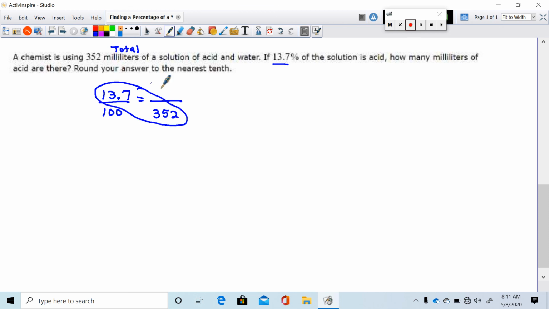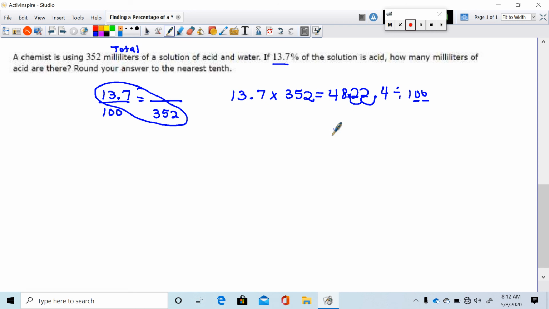So I'm going to do 13 7/10 times 352 equals 4,822 and 4/10. You divide by the number that's not circled, which is 100 in this case. So move your decimal 2 places to the left.